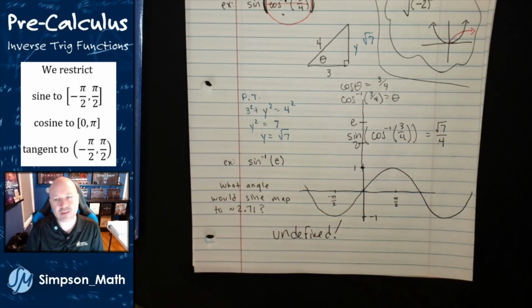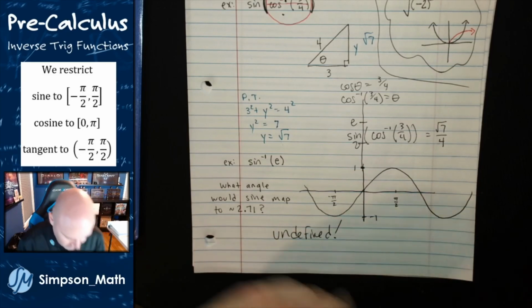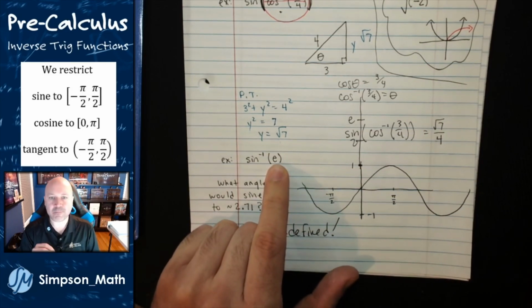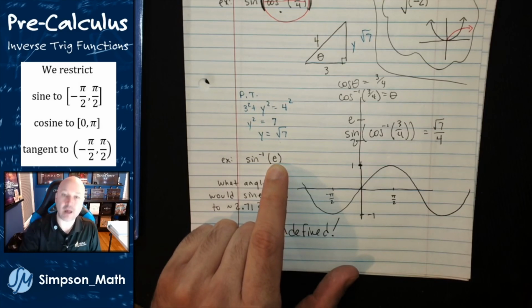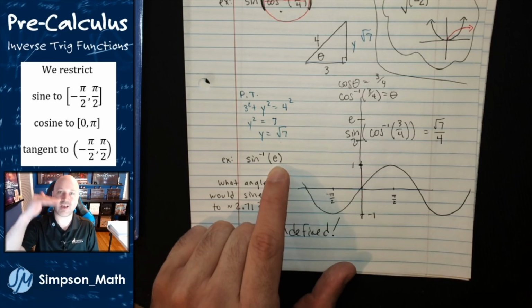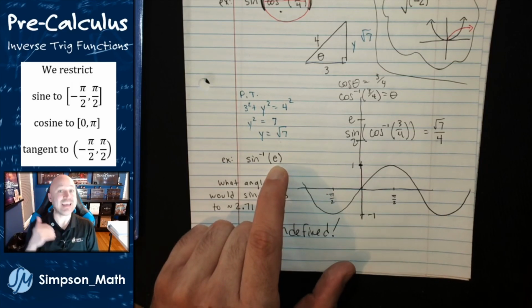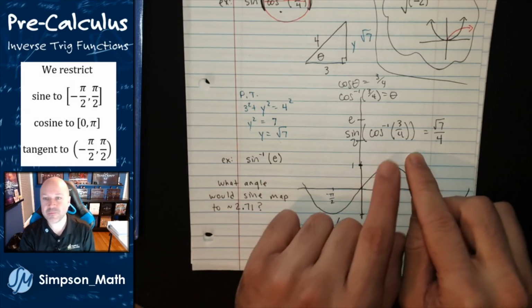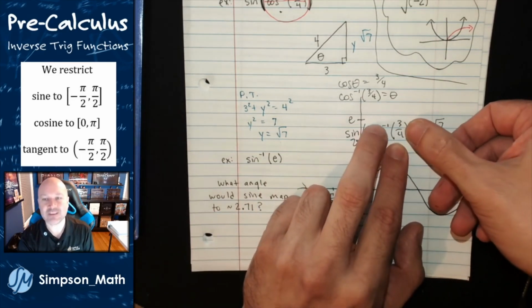You may see a couple of these types of questions in your homework. Just making sure you understand what's going on here. It was the output. So sine is only ever going to get as low as -1 and as high as +1. If I ask you for something bigger than 1, it's not going to happen. Previously, 3/4, that's okay.